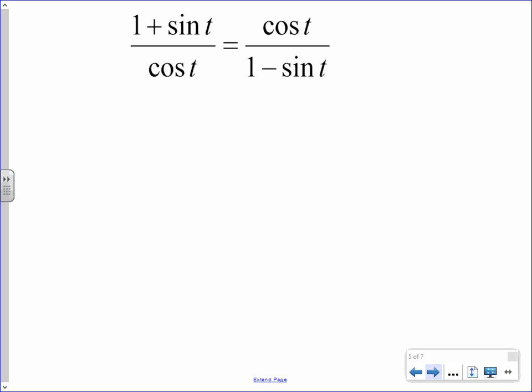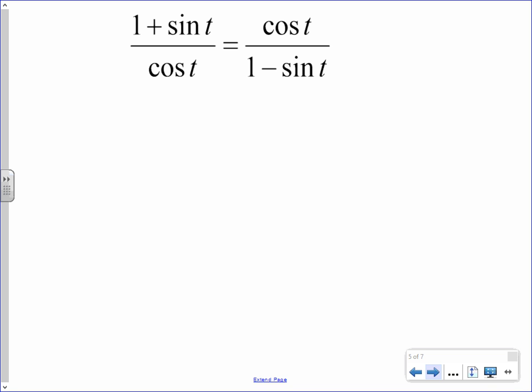Now, since it's only 1 minus sine, there was a suggestion that I gave to you on Friday. Do you remember what it was? Go back to one of our examples from Friday. If you have your notes out.